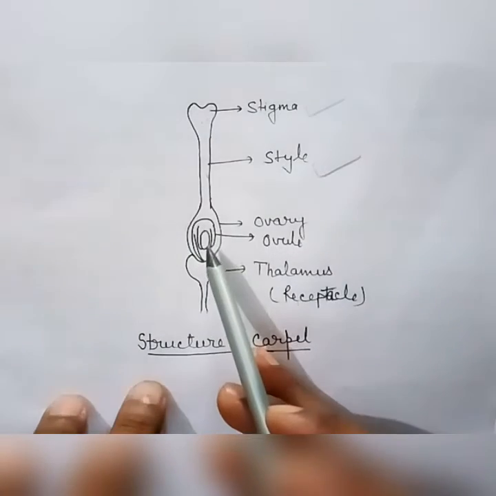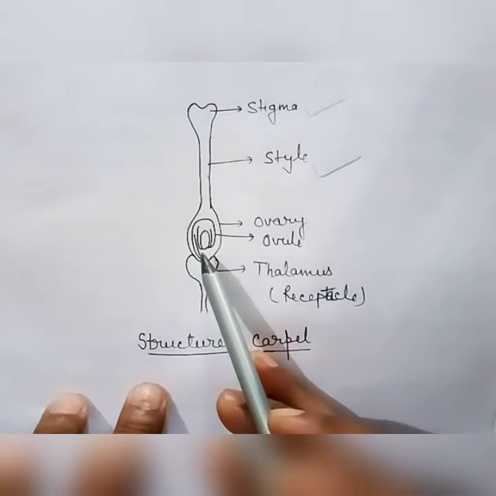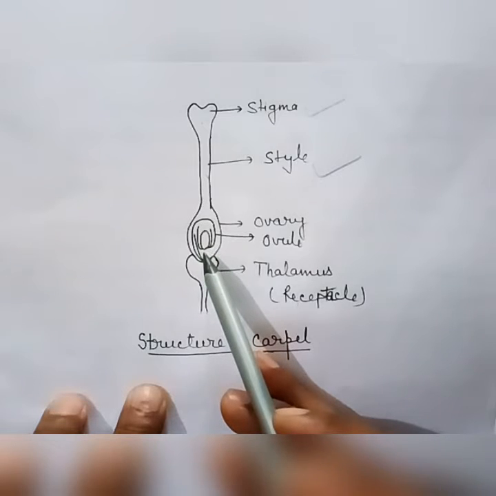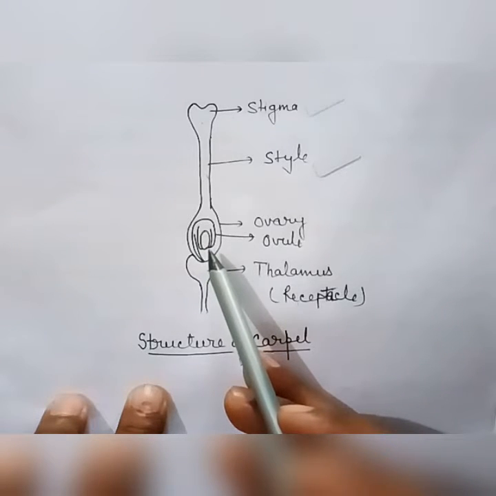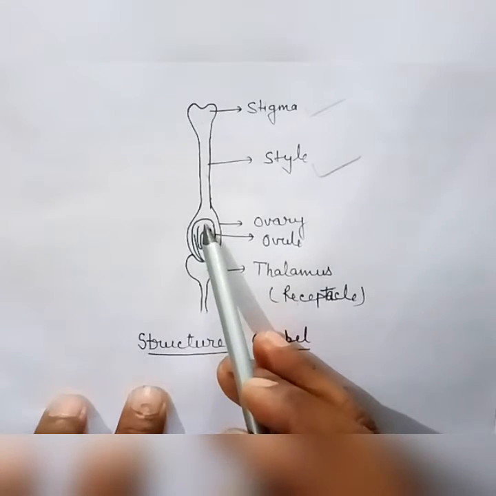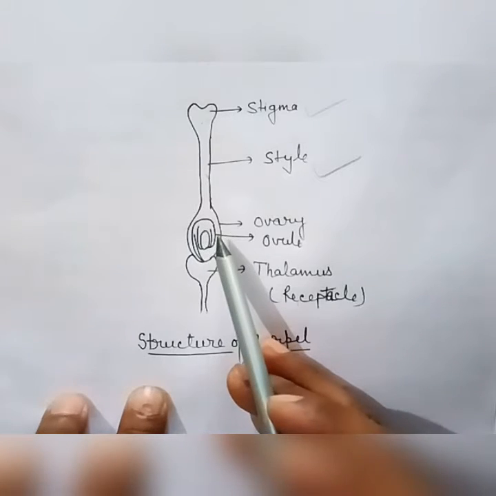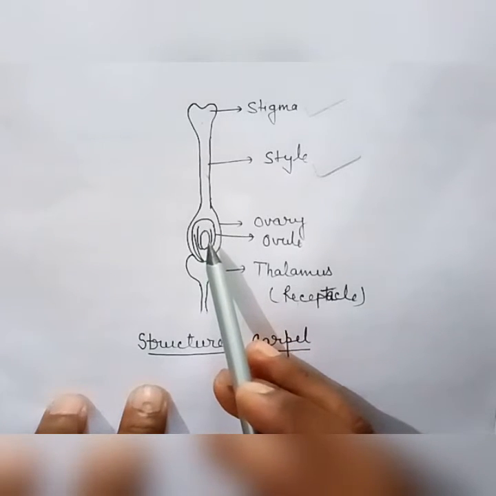Inside the locule is a parenchymatous tissue called the placenta. At the tips of the placenta arise the ovules, which are present inside the ovary. An ovary may have only one ovule or more than one ovule.